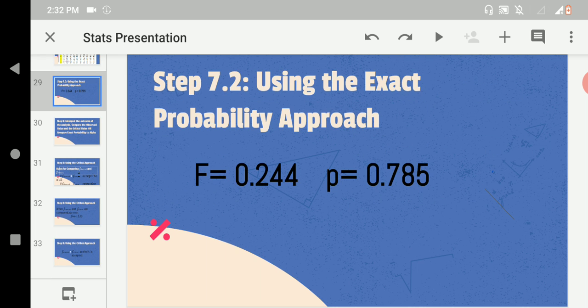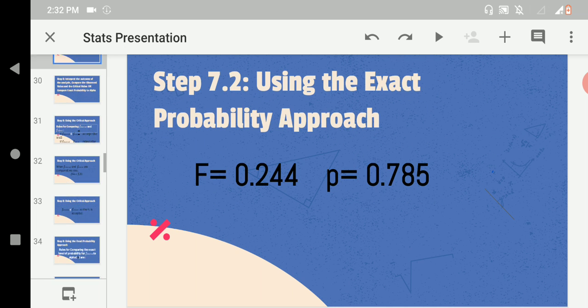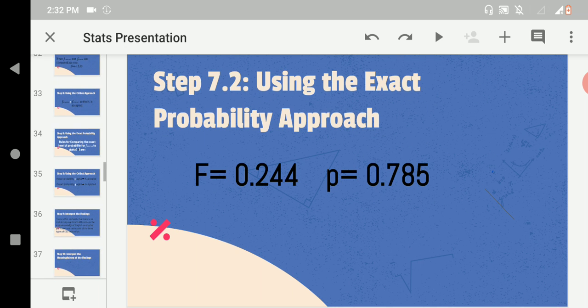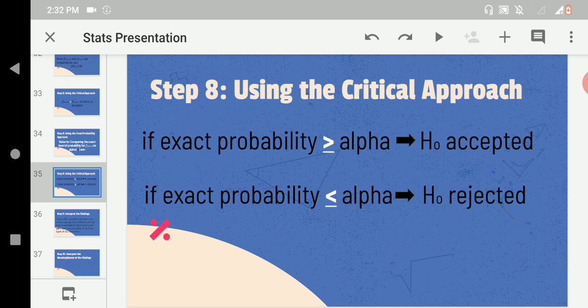So we have 0.785 and our alpha is 0.05. So you write it down, 0.785 blank 0.05. Which one is greater? Very good.